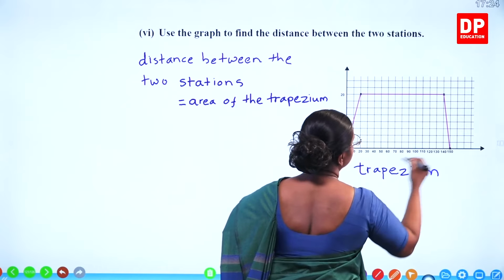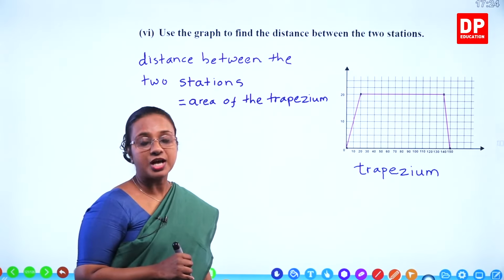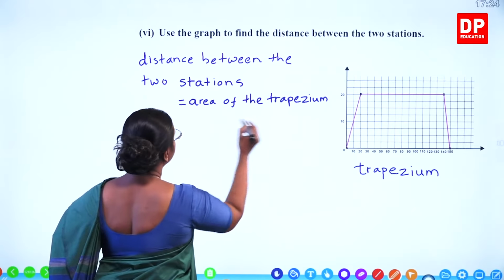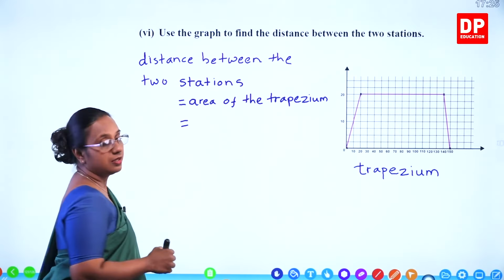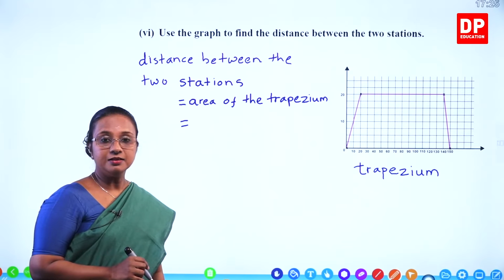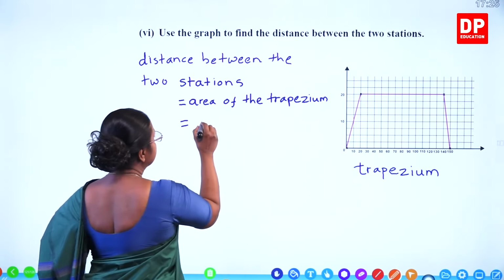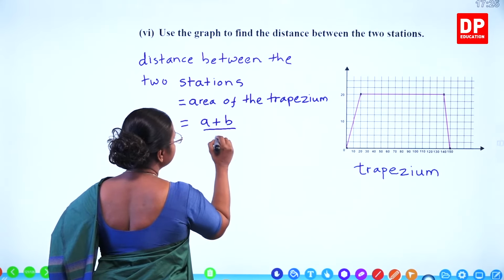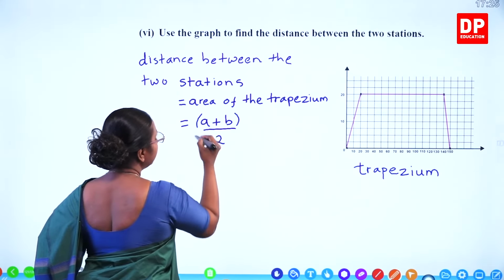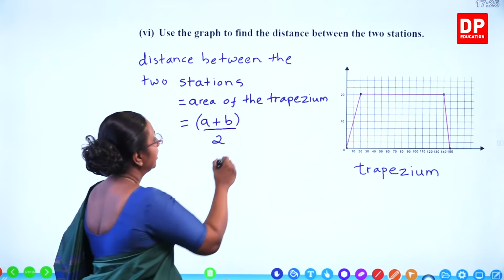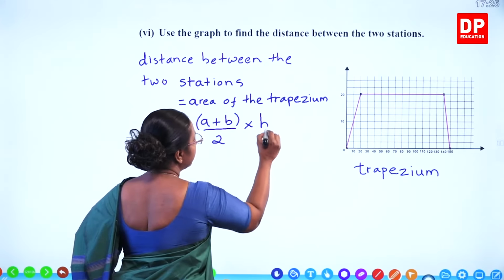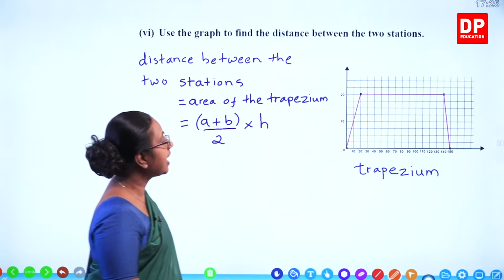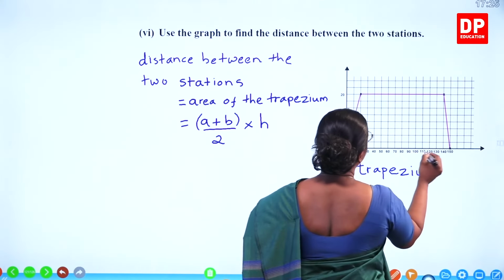Here you need to know the two sides. If we write the equation for the area of the trapezium, what is the area? Yes, it is the average of the two parallel sides. So A plus B divided by 2 into the perpendicular height. If we mark the sides A and B, these two are the parallel sides.